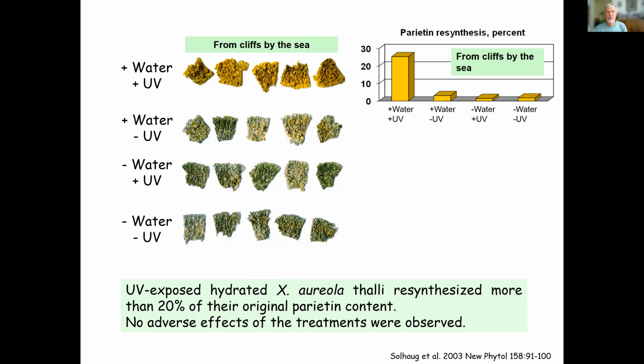We exposed these lichens in the wet state to solar radiation, either with UV or with UV excluded. And then parietin was only resynthesized in the thalli that received UV. Without UV, there was no resynthesis of parietin.